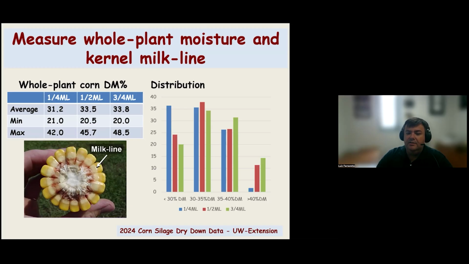Right? And you can see that there is an interesting pattern. The 1/4s have way more immature samples with lower dry matter. And then as you get to the 3/4s, you have way more mature samples. As you can see, the distribution goes more towards the drier samples, right? But still, you have to pay close attention because there's a lot of variation within fields, across fields, and you need to make sure you account for both dry matter and kernel milk line, right?